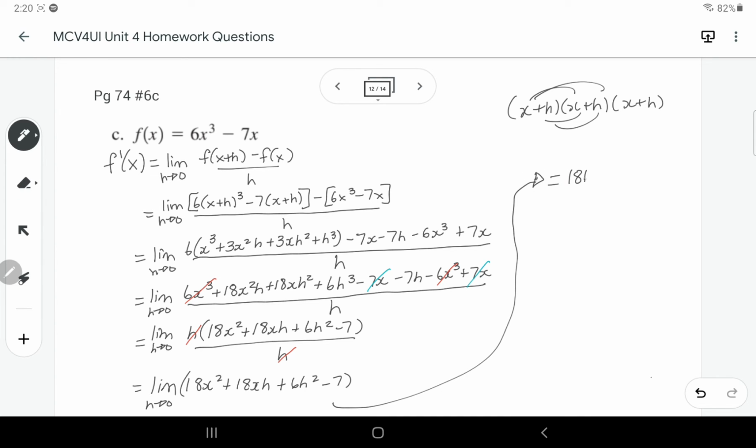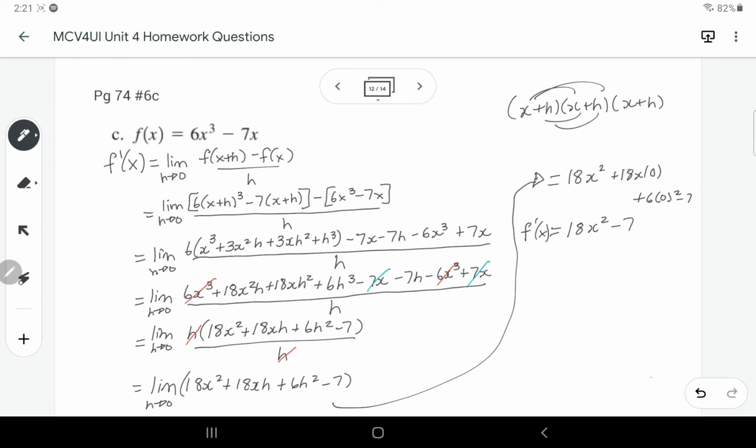So I get 18x squared plus 18x times 0 plus 6 times 0 squared minus 7. So the middle two terms zero out, and I get 18x squared minus 7. So that's the derivative of that from first principles.